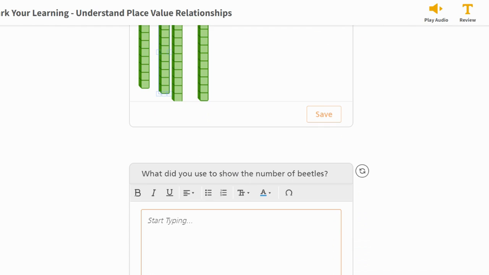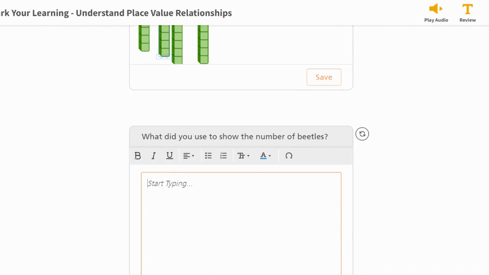What did you use to show the number of beetles? We used face value blocks. There was a 1,000 block, 200s blocks, and 4 tens rods.